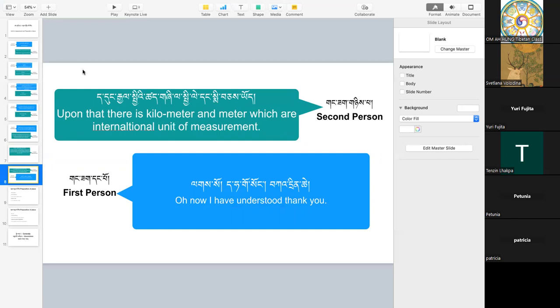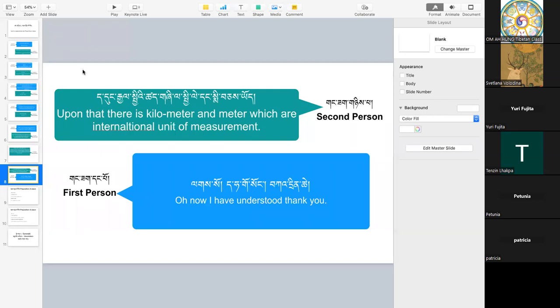Now, on that, tadung gelchi tseshila chiletang meter or mi years. Tadung gelchi means international, so international unit. Tadung means upon that or on that.